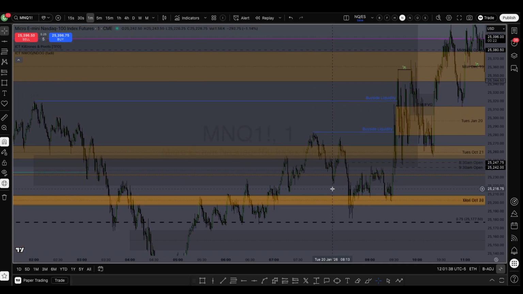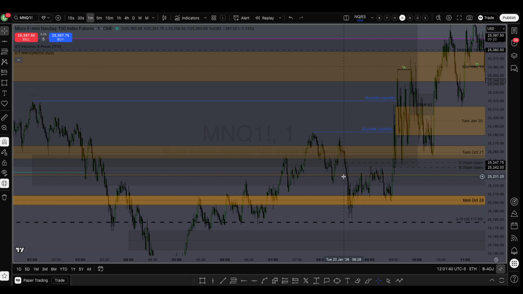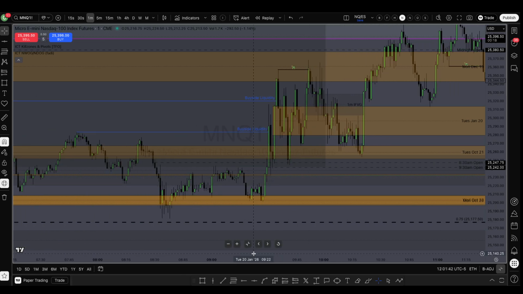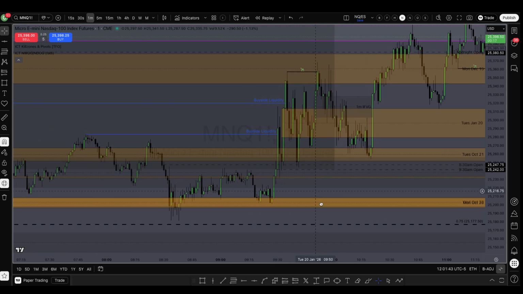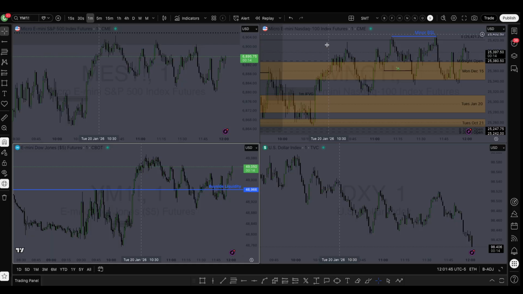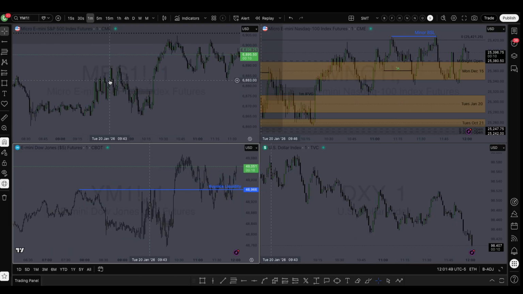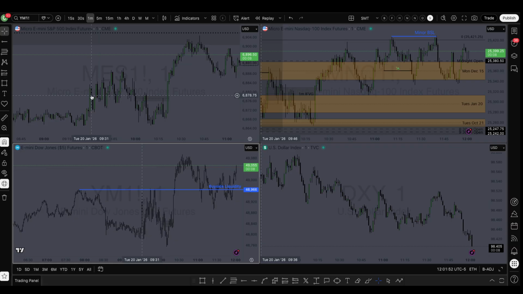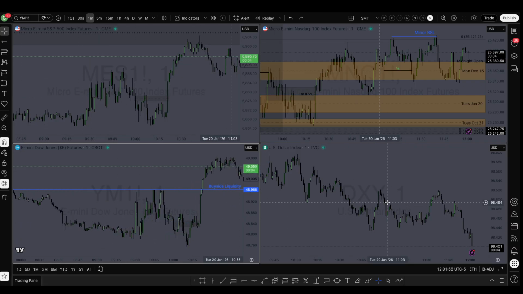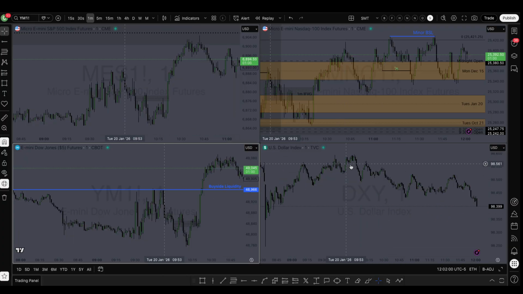But watching in real time, I'm also watching ES and Dow. If we just take a look real quick and focus on market open, as you can see, dollar has been bearish today as well.